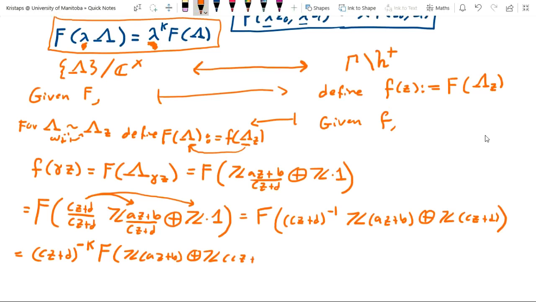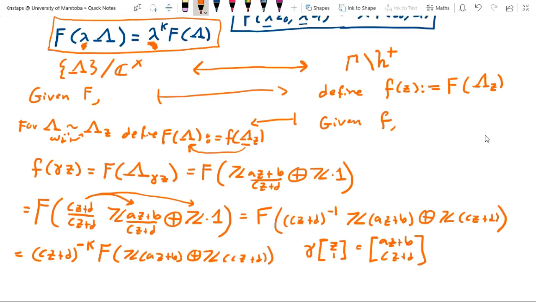And now the thing to recognize is that if I were to take this matrix gamma, which is a, b, c, d, and apply it to the vector z, 1, then this would give me the vector az plus b, cz plus d. In other words, by the work we did in the previous video, we know that the lattice spanned by z and 1 is the same lattice on the nose as az plus b, cz plus d.